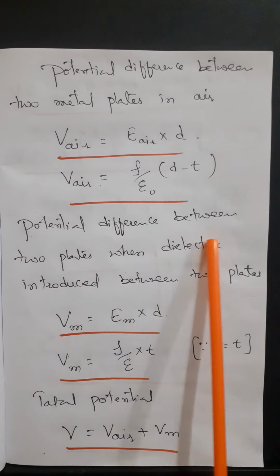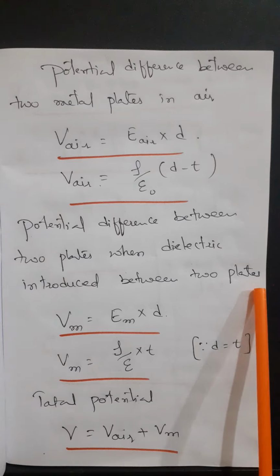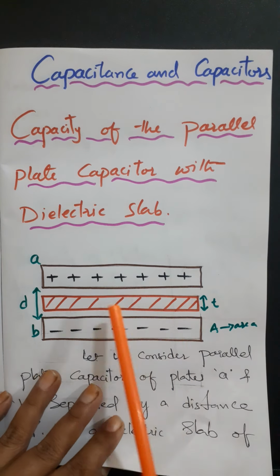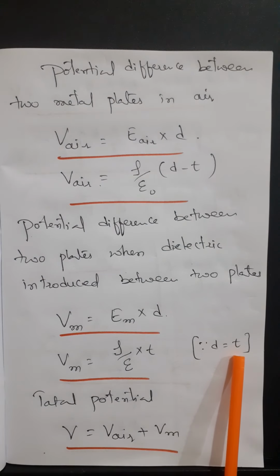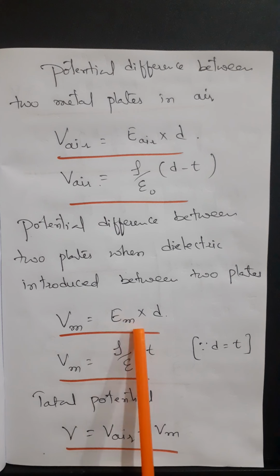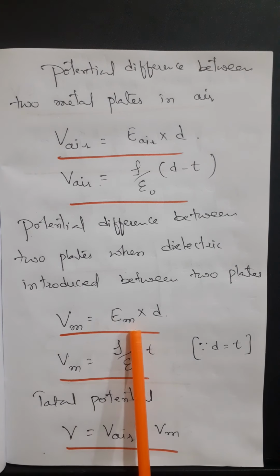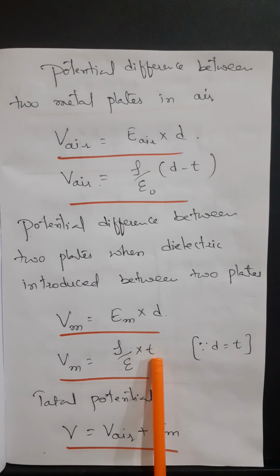Now the potential difference between the two plates when the dielectric is introduced. When the dielectric completely fills the space between the plates, t is equal to D. The field in the medium we already got is rho by epsilon, so the potential is rho by epsilon into t.